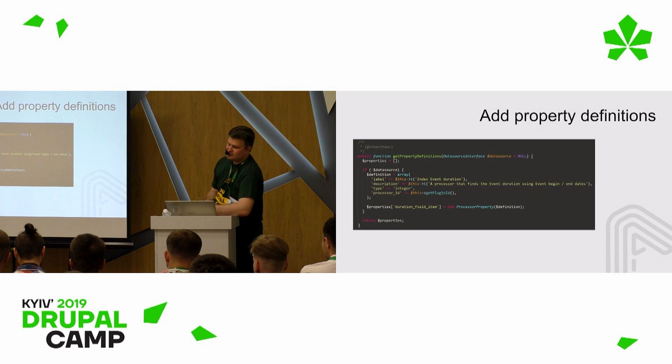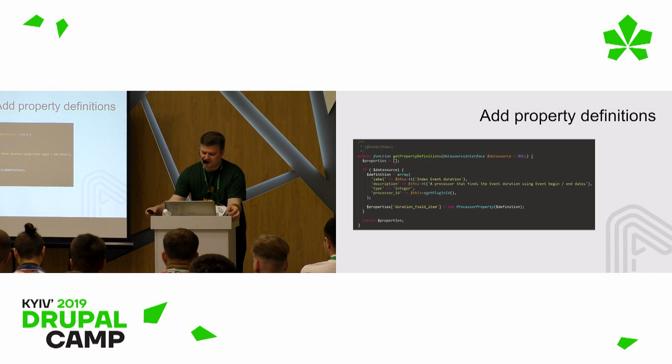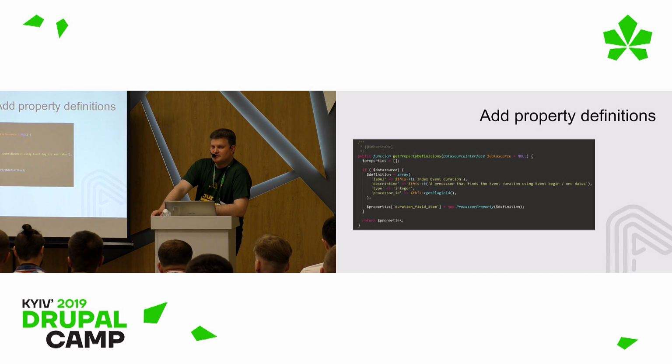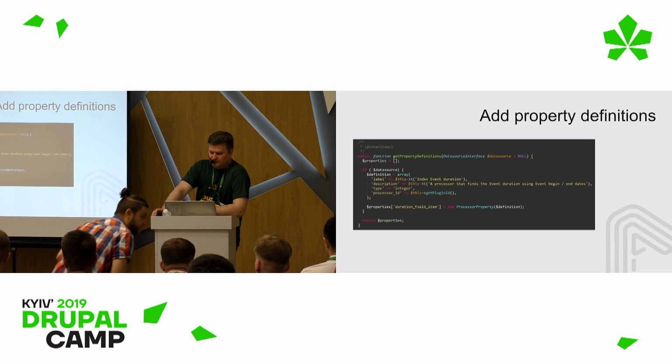Next, we need to add property definitions. In this public method, we can set up the definition of a field. We can see that the definition contains fields like label, description, type, and processor ID. Label and description are used for displaying inside the search index UI.